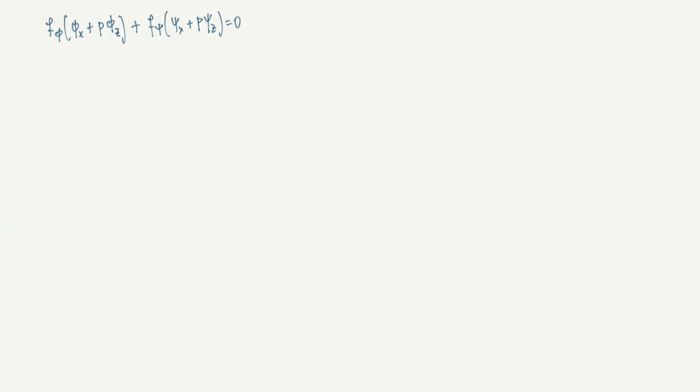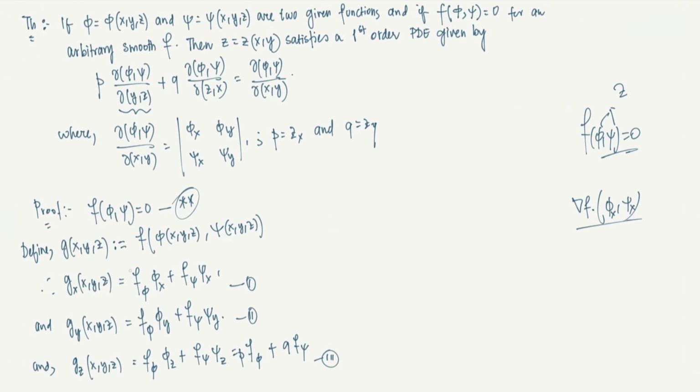Yes, so please do this calculation. It's not very difficult to do. You see, these two terms will be adding up, and then the other two terms you have to multiply by p and then put together.